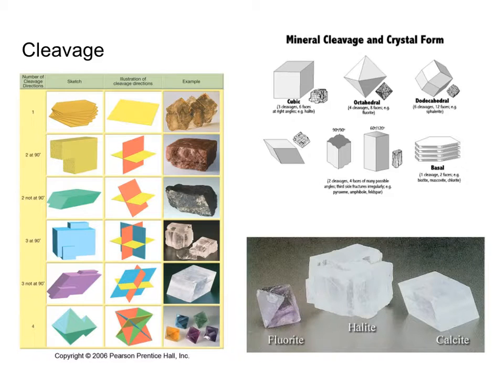Cleavage is a little bit more useful. No matter how the mineral grows in its environment, if it breaks, you can ask the question, does it break along a smooth plane or does it fracture?